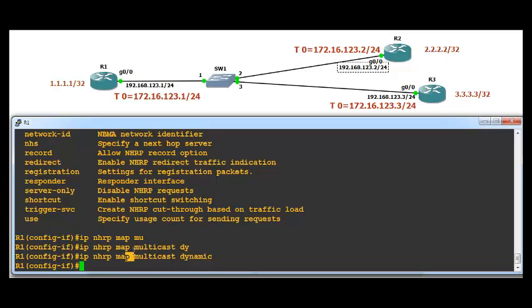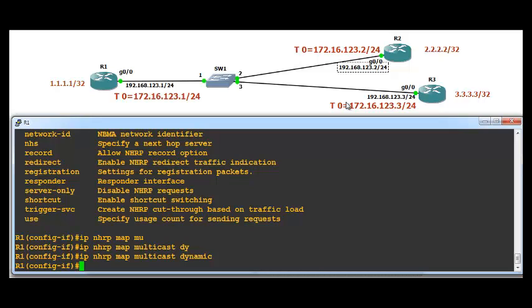Next is, now you may have many routers in this topology, but you want to form a tunnel only with R2 and R3. You want DMVPN only on R1, R2 and R3. So you need a unique ID to identify the group. In order to identify the group, you need a unique network ID.